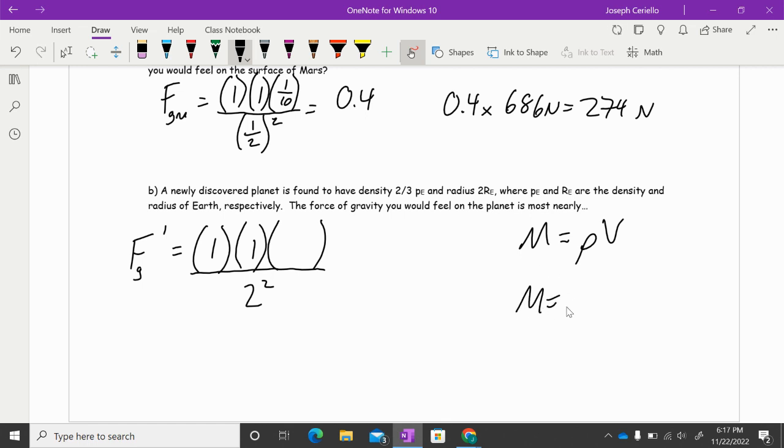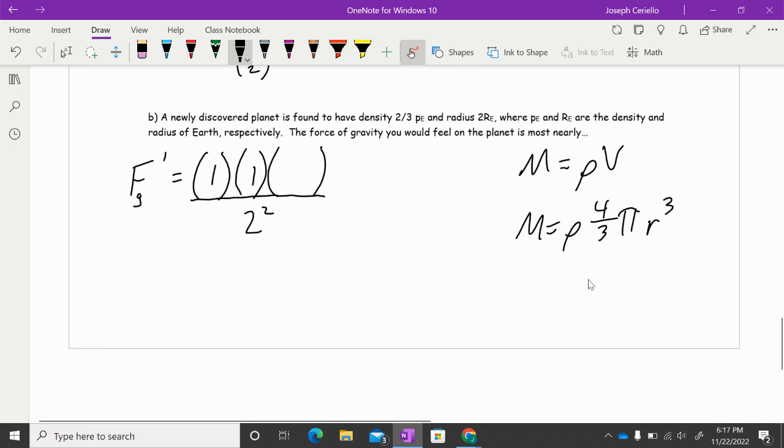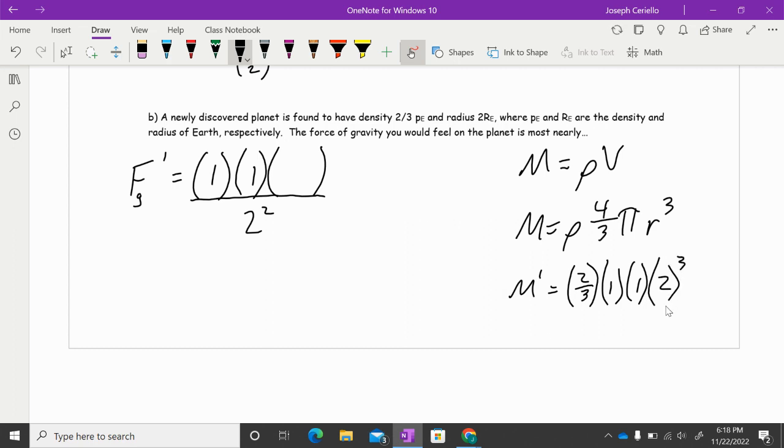So mass equals rho times 4/3 pi r cubed. Now we got to think about how each of these things are changing. For m prime, rho is changing. It's 2/3. 4/3 is not changing. Pi is not changing, but r is changing. R is going to be twice as big, and that's cubed. So it's a huge difference.